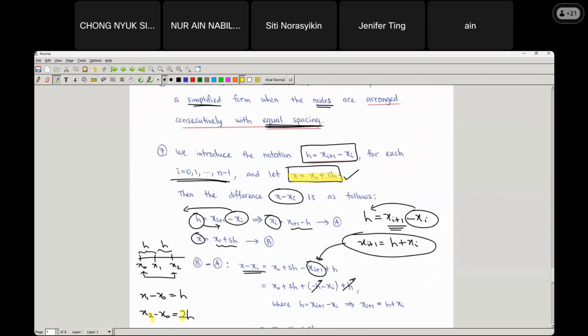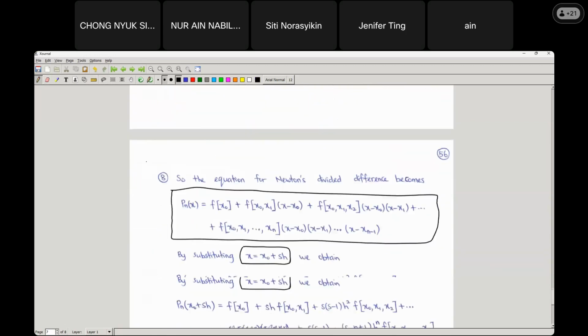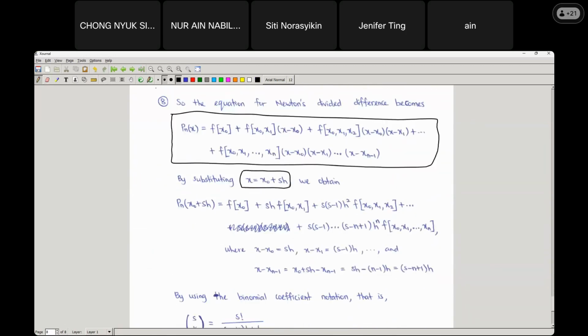So now we're going to substitute the x. We like to substitute all the x's here, and here, and here. And we also have x minus this one, so we need to consider how to do the substitution here.